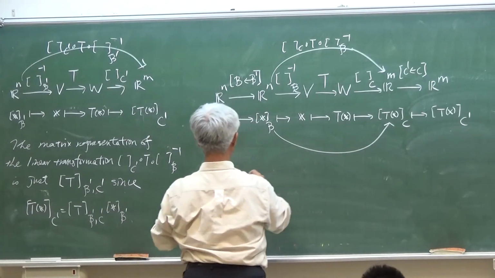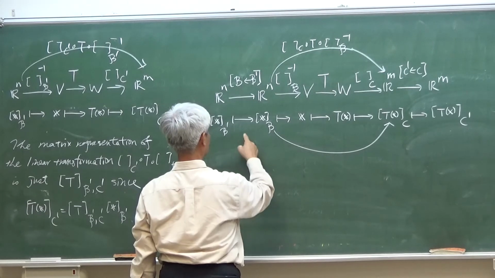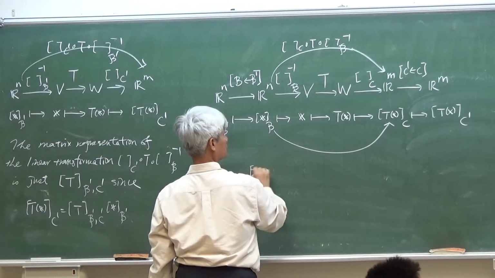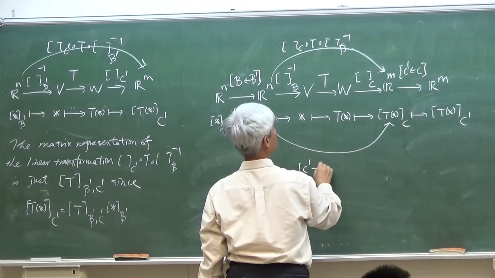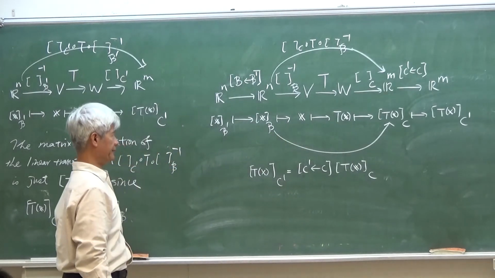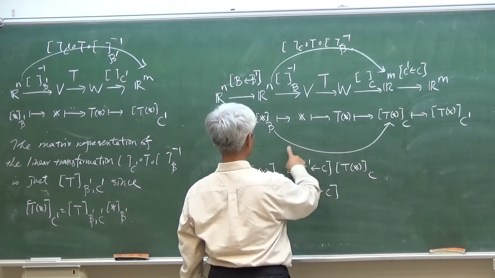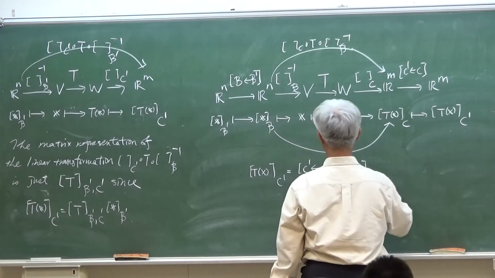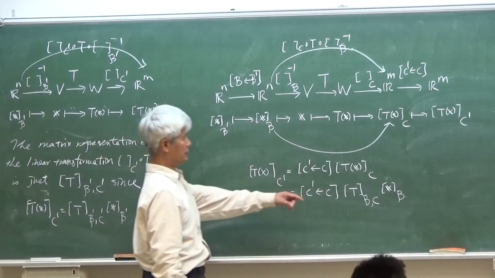Now the representation is that we start with T(x), and then take the C coordinate. The C coordinate of T(x) is the transformation T relative to the basis B and C, applied to the B coordinate of x. Relative to the basis B and C.